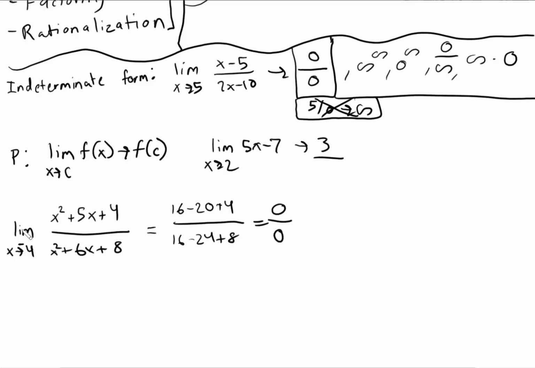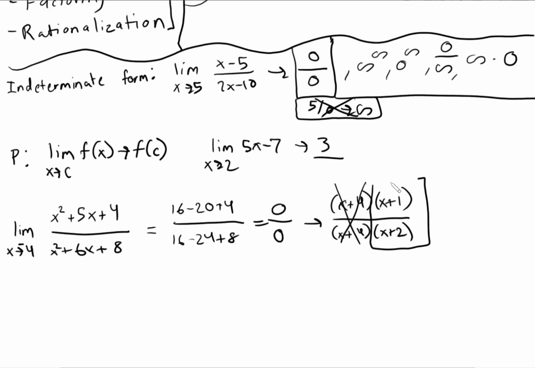If you look at these polynomials, you'll notice that you can factor them. Doing the FOIL thing you learned way back in probably Algebra 1, maybe even Algebra 2, you're going to get x plus 4 times x plus 1 over x plus 4 times x plus 2. Now you have a common factor here. You can take out the x plus 4's completely by just dividing it out, and this becomes your new f of x.